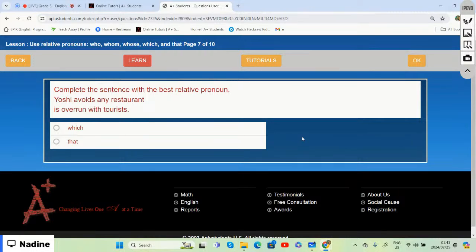All right, the next one says Yoshi avoids any restaurant which is overrun with tourists, or that is overrun with tourists.